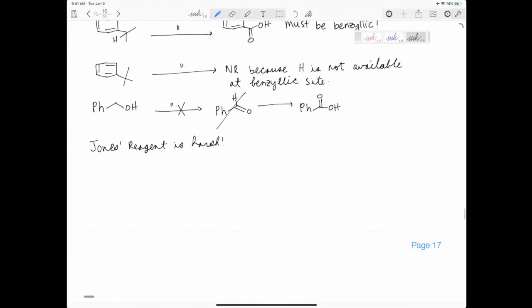It's hard to isolate the aldehyde, and it just goes straight into a carboxylic acid. This only happens with Jones reagent. I'm just going to write: difficult to isolate an aldehyde from primary alcohols. So it just goes straight to carboxylic acid.